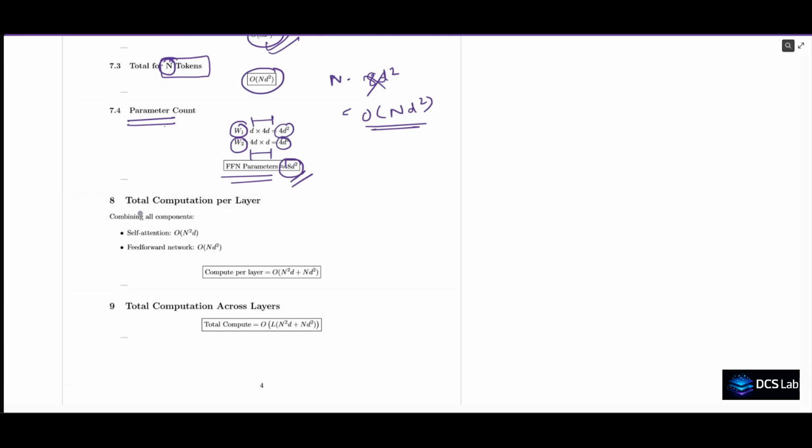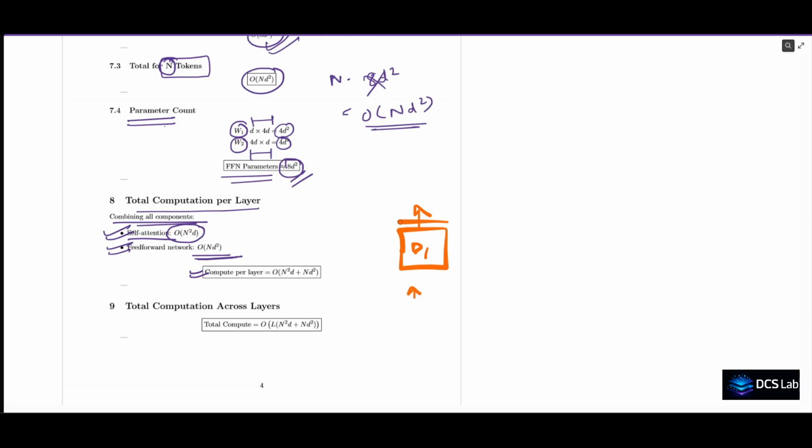What is the total computation per layer now? Let's combine all the components. We found out that the self-attention had a cost of order n squared d. The feed-forward neural network has a cost of order n d square. Right now we're just focusing on one decoder unit, D1: you enter, and then you come out.